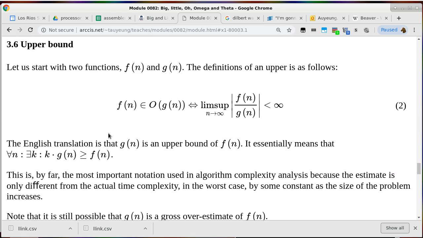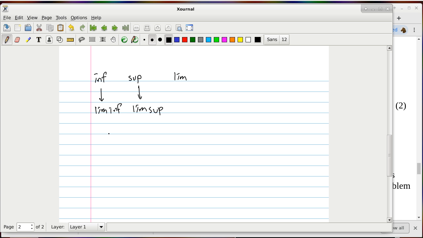This is limit superior of f of n divided by g of n. This concept leads to the definition of big O. This concept leads to the definition of big omega.